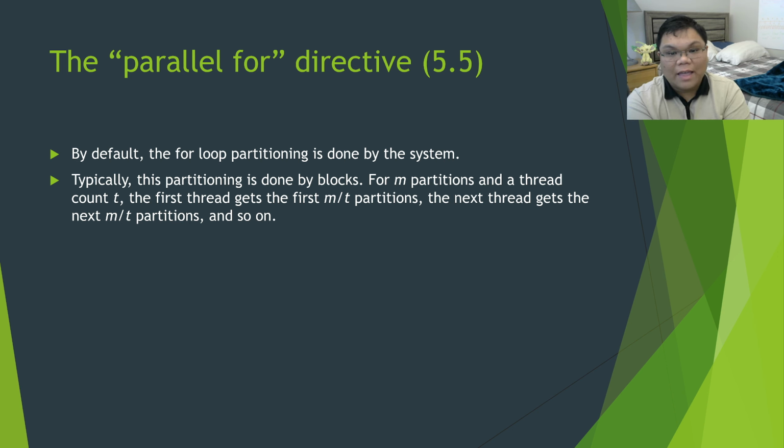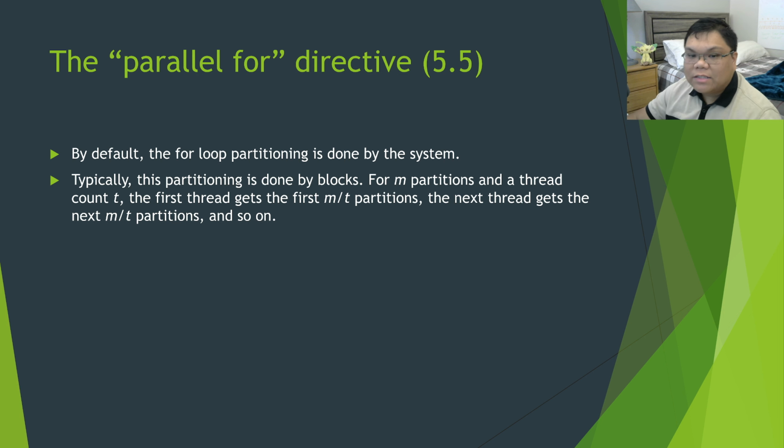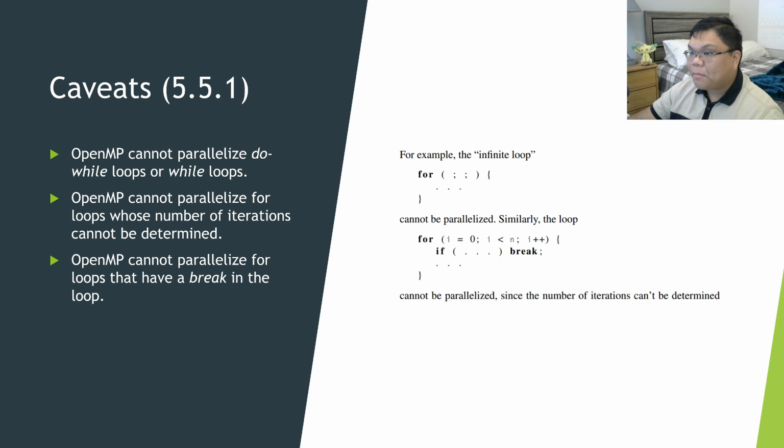But first, I want to get into a few caveats. What can you not do with the parallel for directive? Or rather, what loops can OpenMP not parallelize? Well, there are quite a few. OpenMP cannot parallelize do-while loops. It cannot parallelize while loops. It cannot parallelize for loops whose number of iterations cannot be determined, and it cannot parallelize for loops that have a break in the loop.